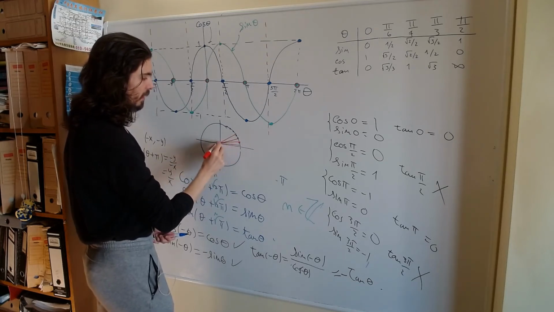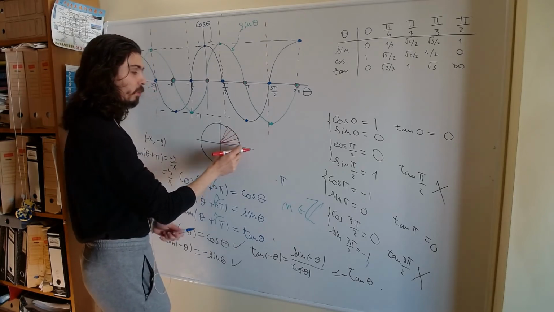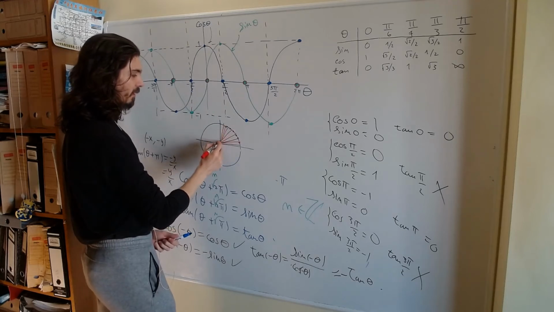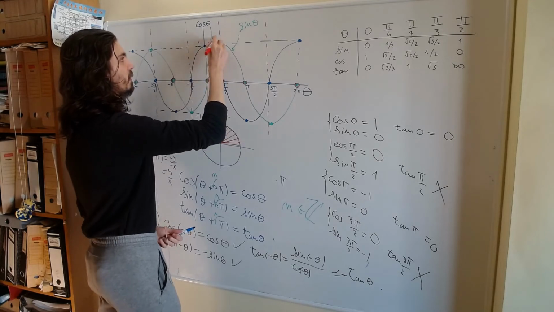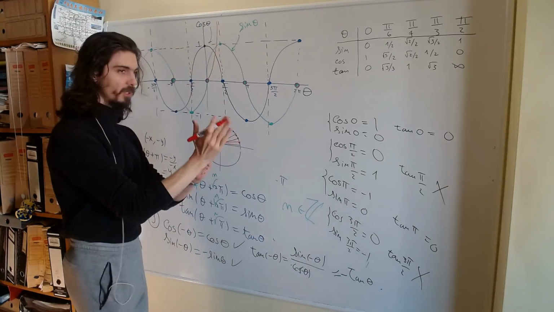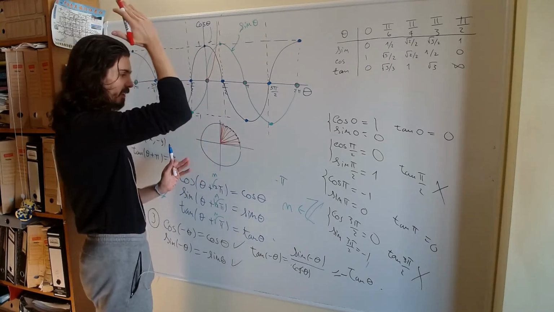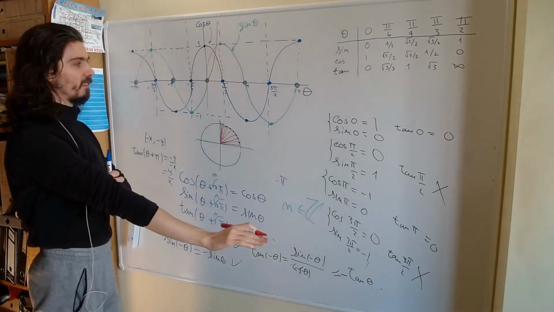And then the slope starts to increase, right? As the angle goes from 0 to pi over 2, the slope keeps on increasing, right? Increasing and increasing. So we must do something like this. Notice that it never ends, because the closer you get to pi over 2, the greater it is. So it goes to plus infinity, off the charts, okay?